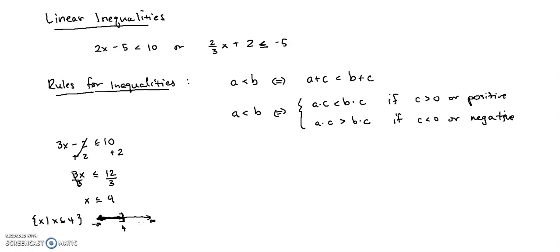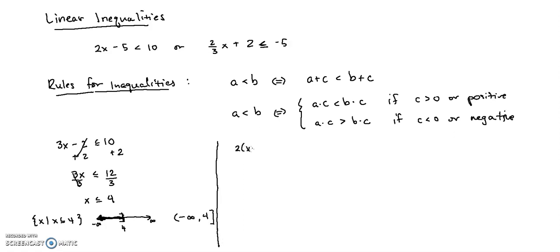If I go from left to right, I'm going to go from negative infinity to positive 4, and I'm going to have a round bracket on infinity, of course, and a square bracket on positive 4. Okay, so these are 4 different versions of the answer for this inequality. So it just depends on what they're asking. If they ask you to solve it, to draw it on a number line, or to draw it in interval notation, those are the different ways that you could express the answer.